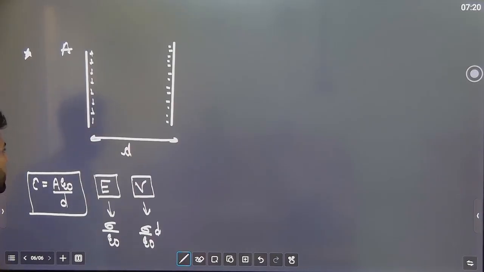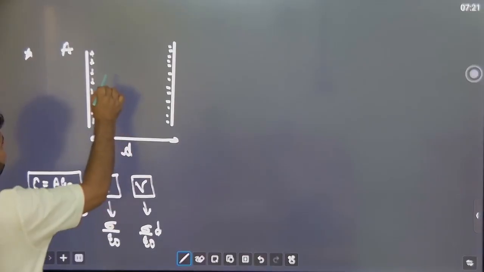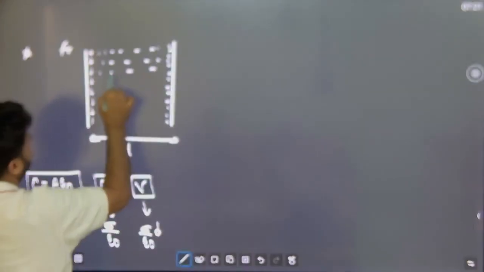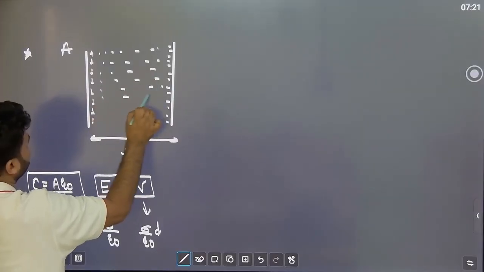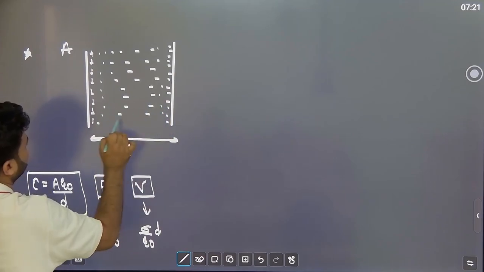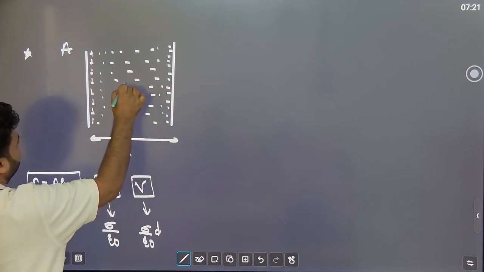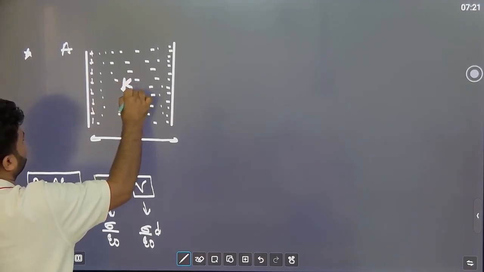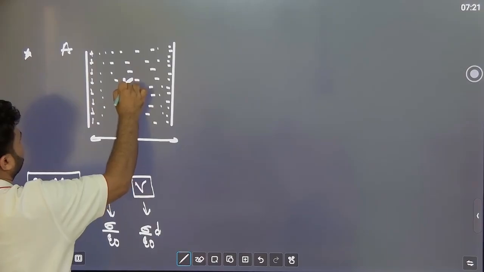Now what will they do? They will insert a dielectric medium inside, having dielectric constant K.